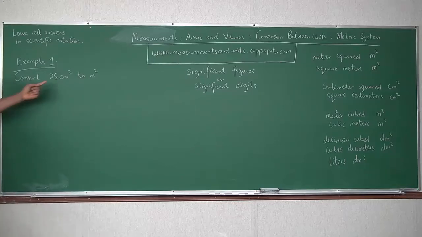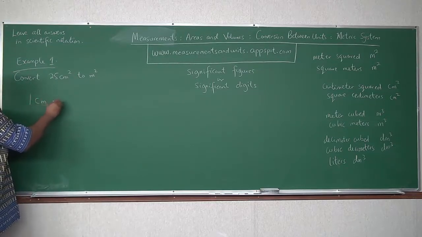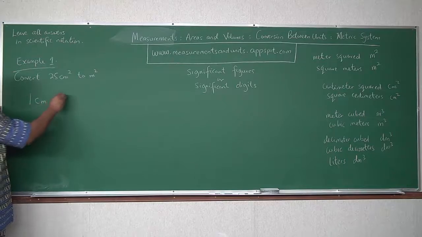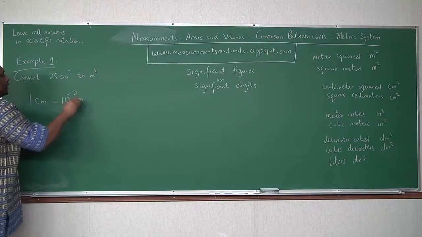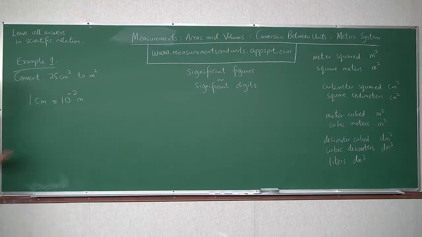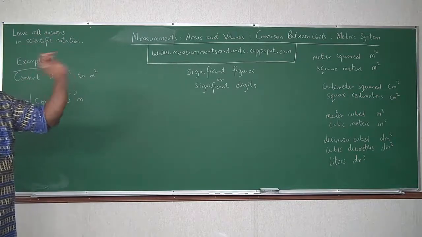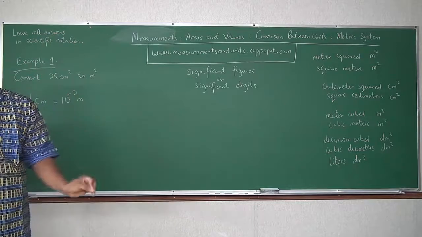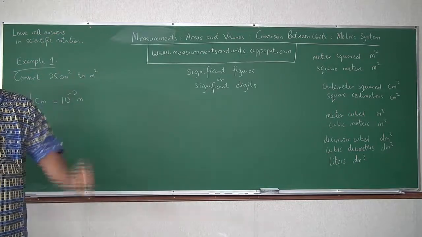Okay, so now how do we do this? We know that 1 centi means 10 to the negative 2. We did this in the playlist, a video playlist on SI units, the SI system and units.